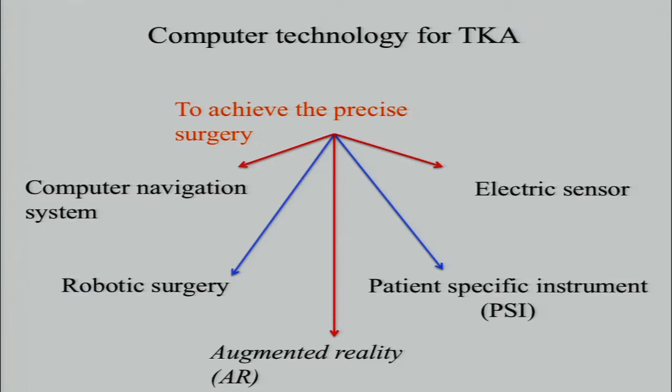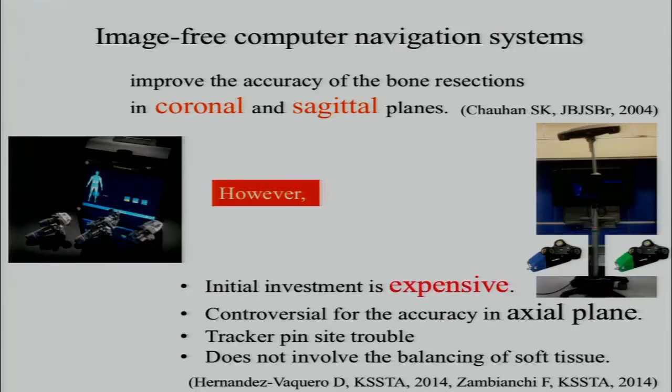To improve the accuracy in TKA, many kinds of computer technology have been developed. The image-free computer navigation system can obtain accurate coronal and sagittal alignment.